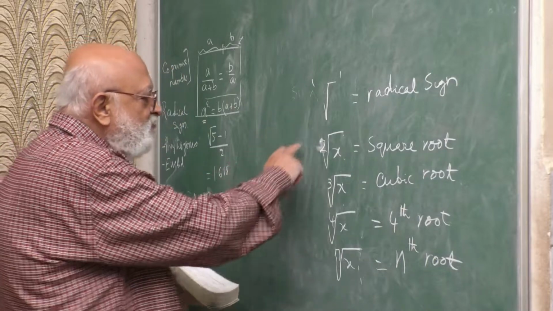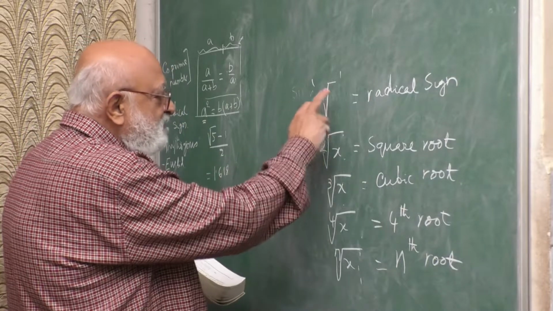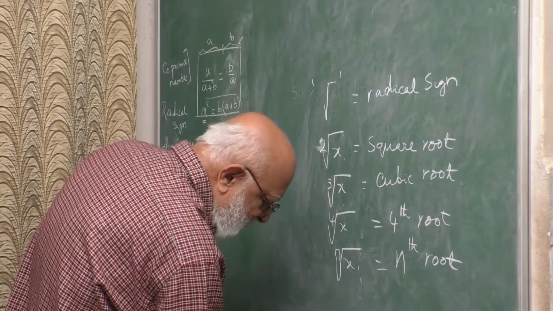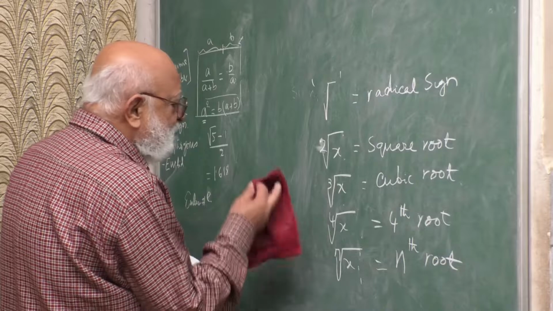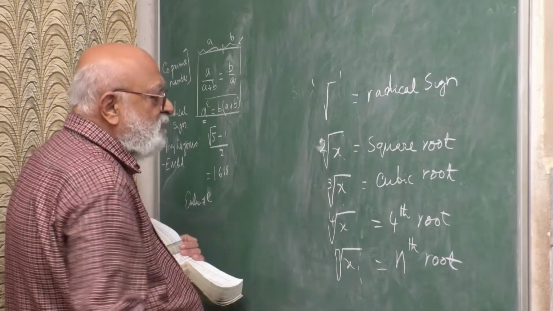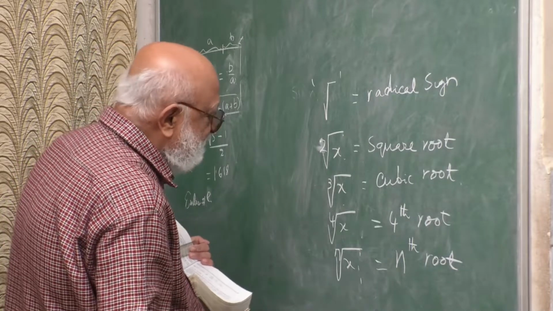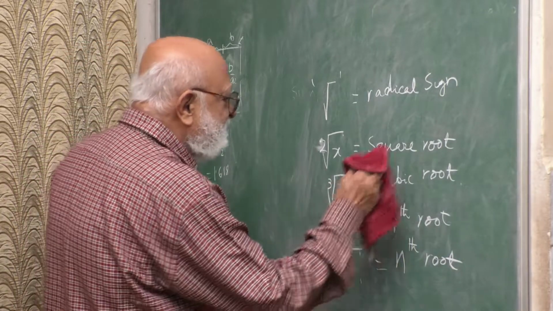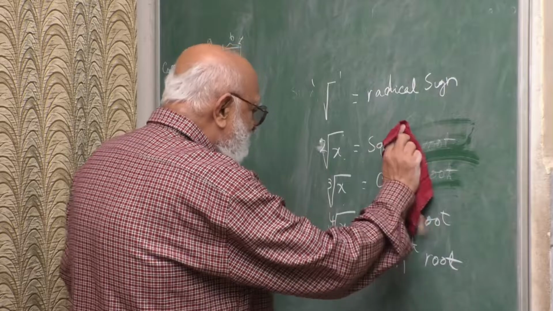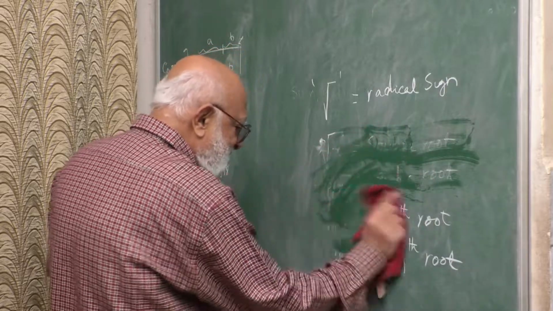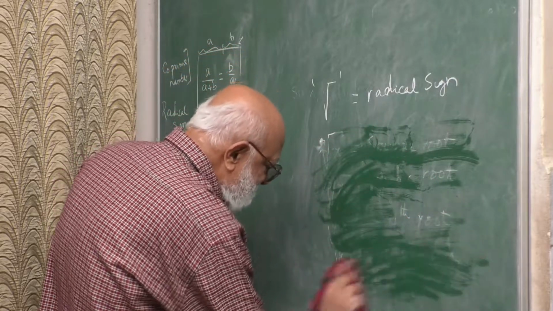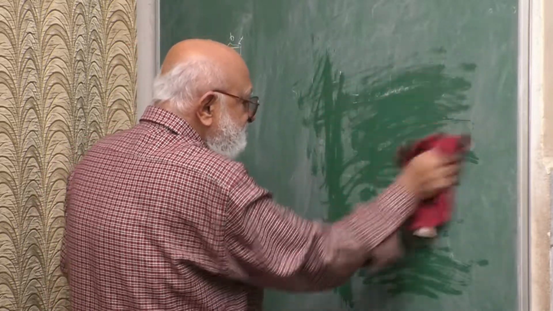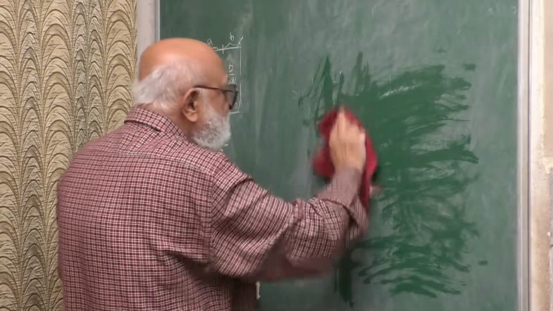Generally 1 is nothing, this is a radical sign. 2 generally is not written, hardly will you see anybody writing 2 here, only the square root. So what does this mean?